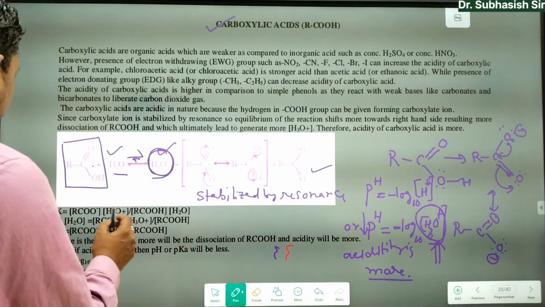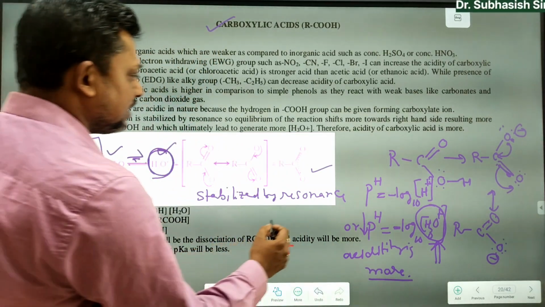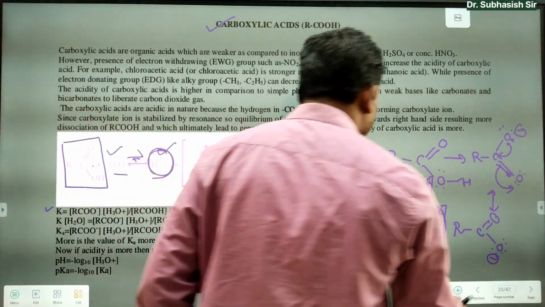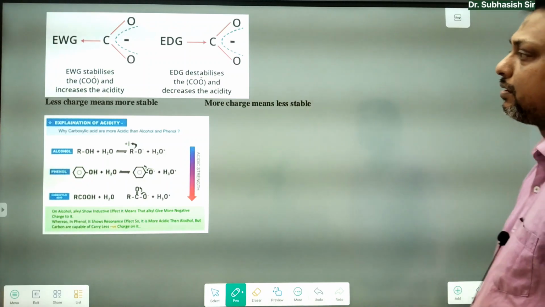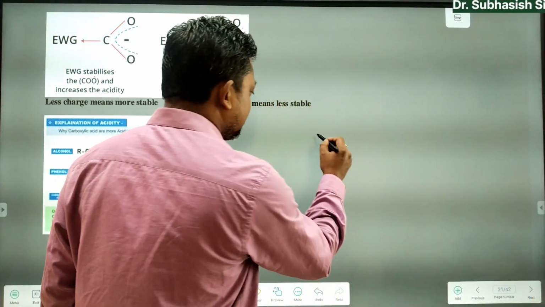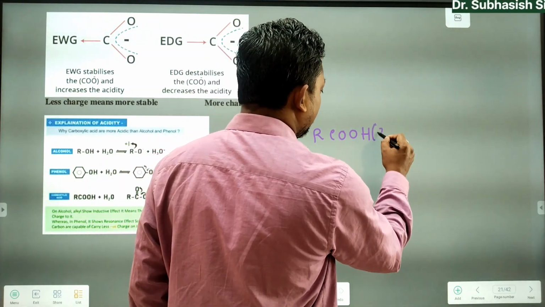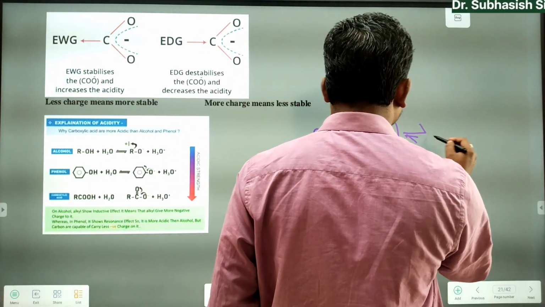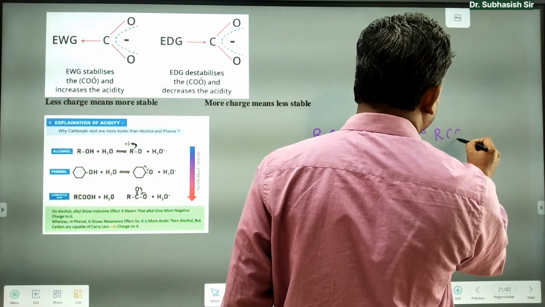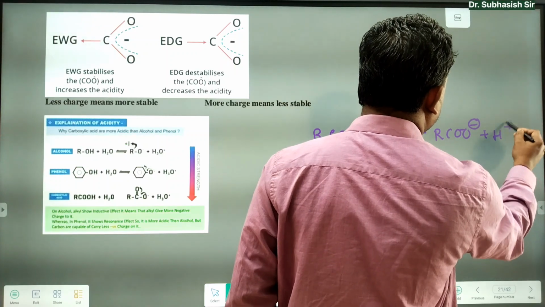In other words, K is equal to, I'm going to show this in the next slide. For example, see this RCOOH. Whenever you add water, in aqueous condition, this RCOOH will dissociate to form RCOO negative plus H positive.